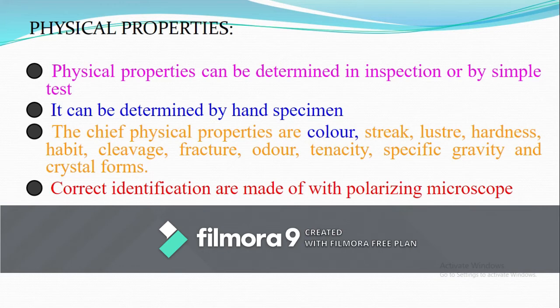It will analyze the soil element-wise: how much silicon is there, how much carbon, how much iron, how much oxygen. Once you know the percentage of elements, you can classify the sample, whether it is soil, mineral, or other. In the case of soil, whether it is sand, clay, or gravel, you can analyze which is composed of what elements. This is XRD, the X-ray diffractometer.